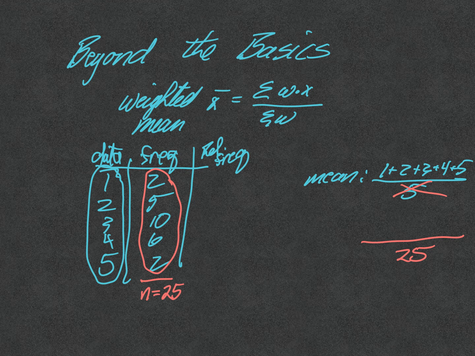Also, the frequency tells us I don't just have one 1, I actually have 2 1s. And I have 5 2s. And I have 10 3s.